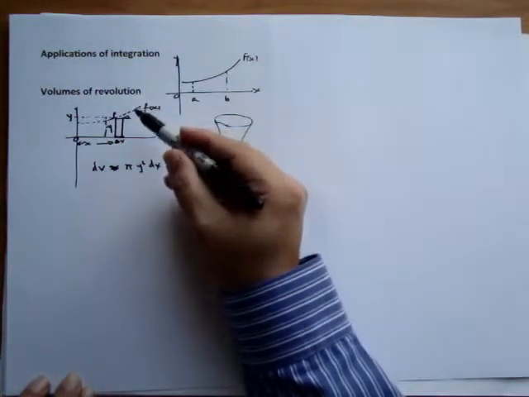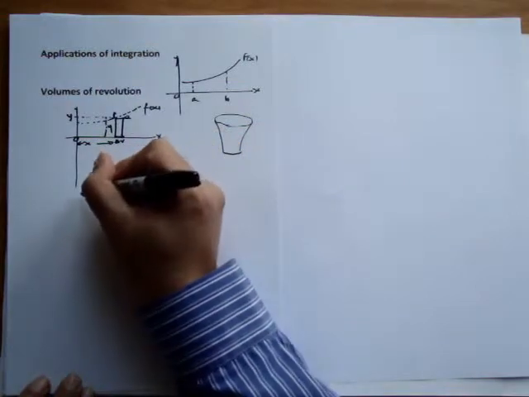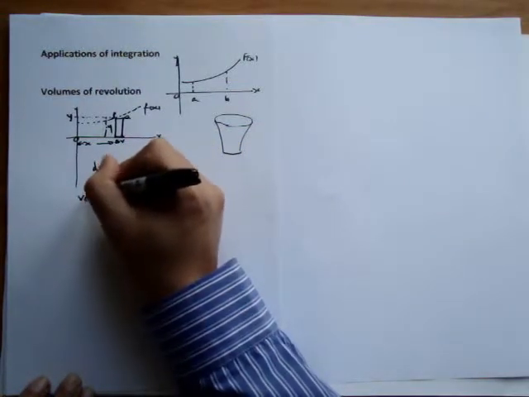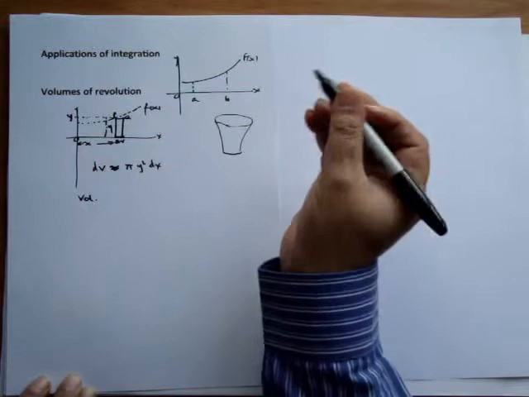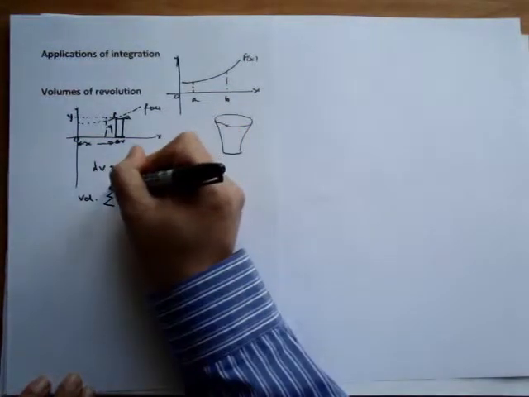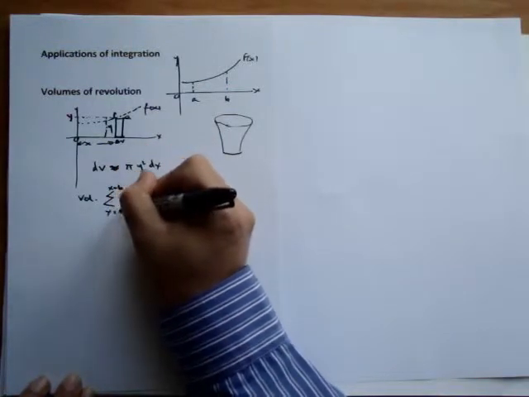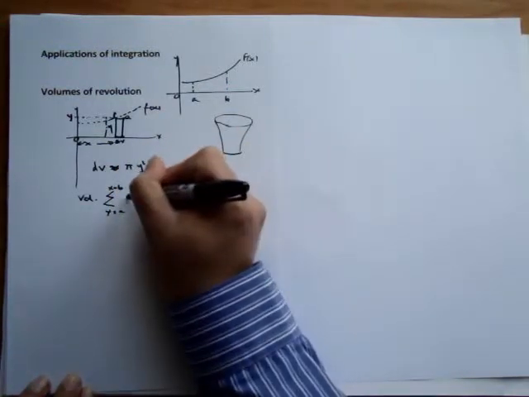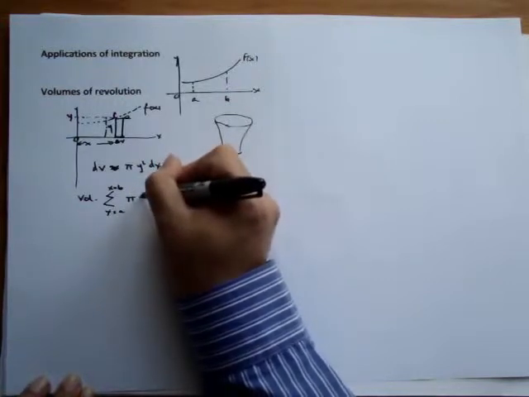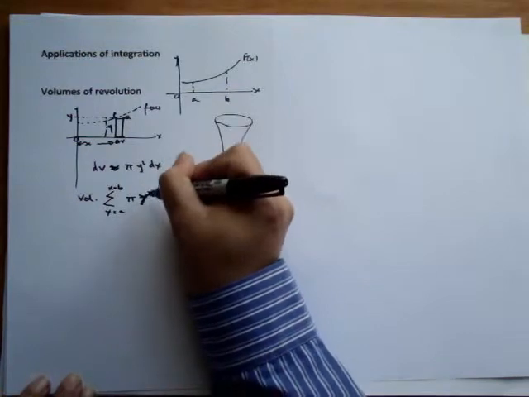And if we took a lot of these strips together, the volume would be the sum of all those strips, which would be from x equals a to x equals b of pi y squared dx.